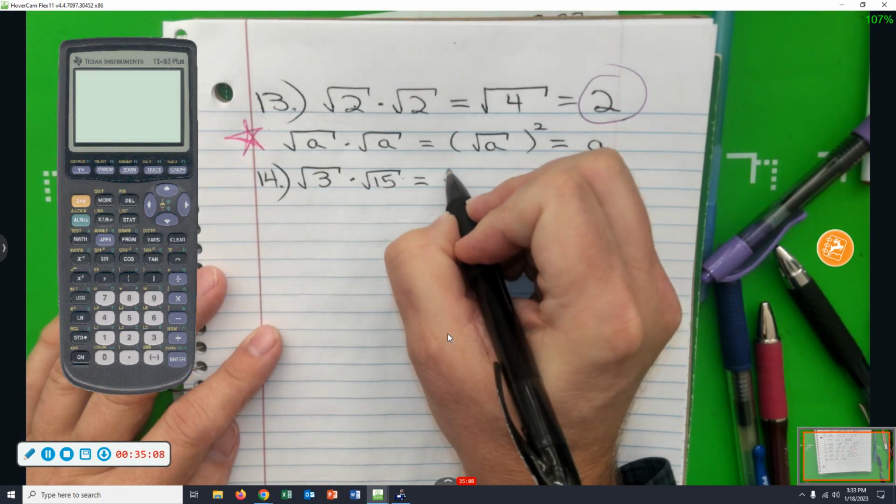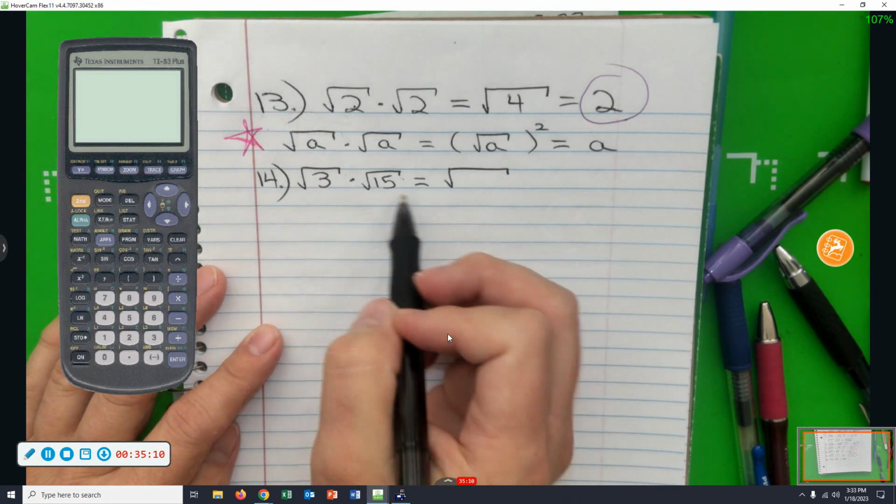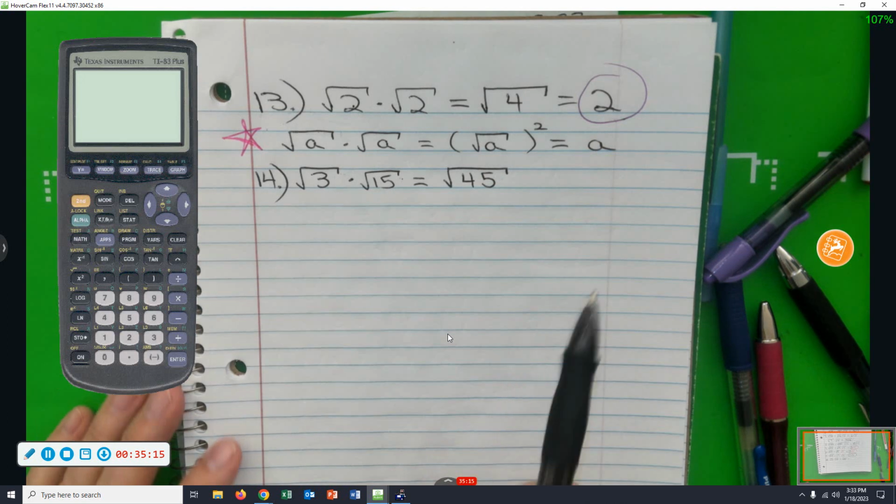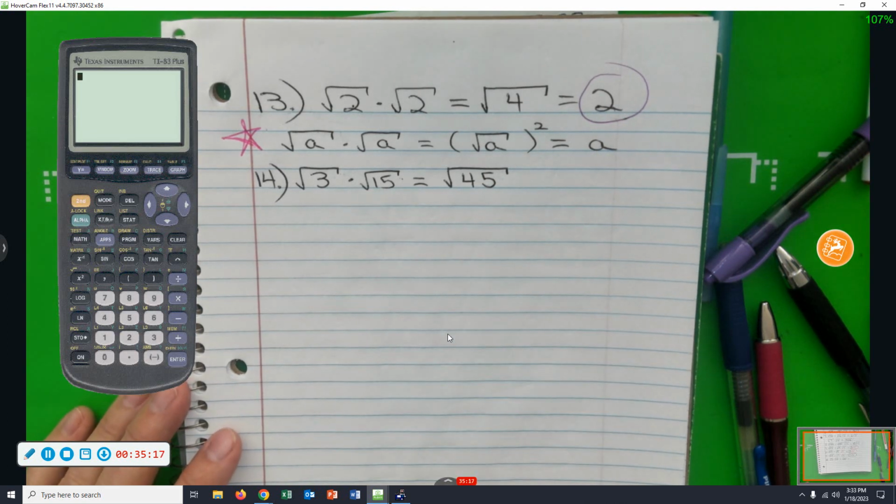Okay, so it's the square root. We keep the square root. And 3 times 15, I agree, that's 45. Is 45 a perfect square?